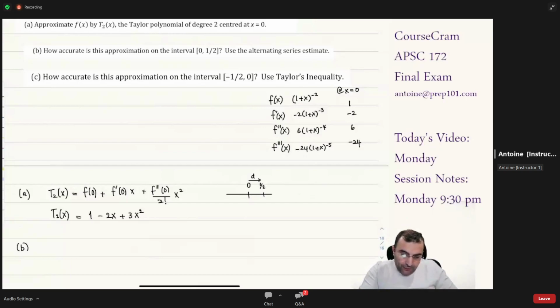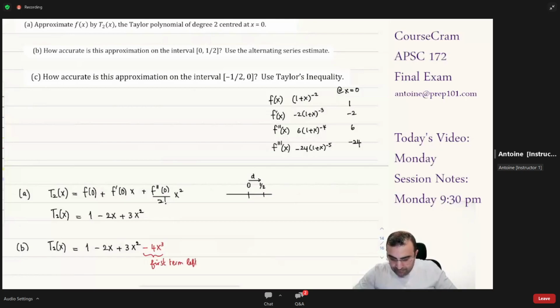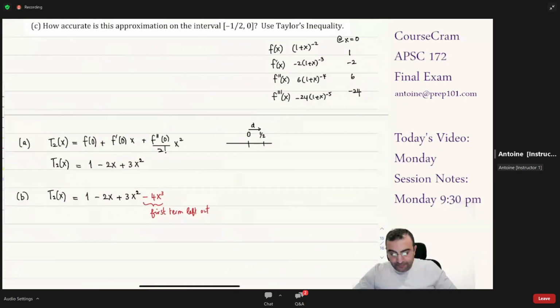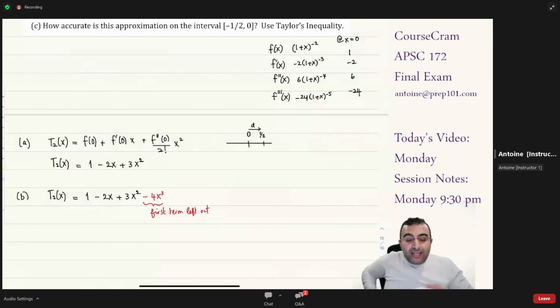So if you had T2 and you wanted to leave out a term, that would be minus 24 over 6, so 4x cubed. So this is the first term left out. So the error is going to be less than or equal to this, right? But then we're saying on the interval 0, 1/2.